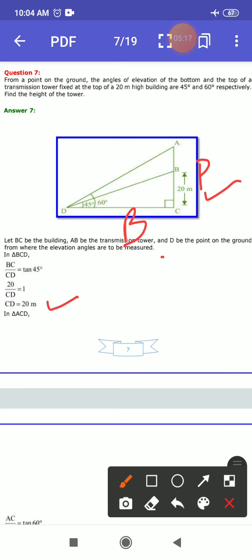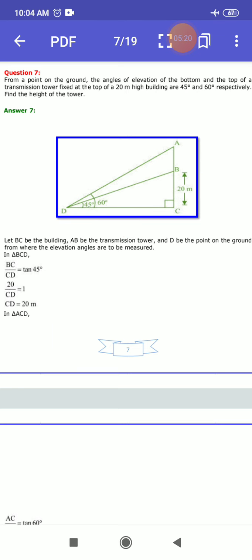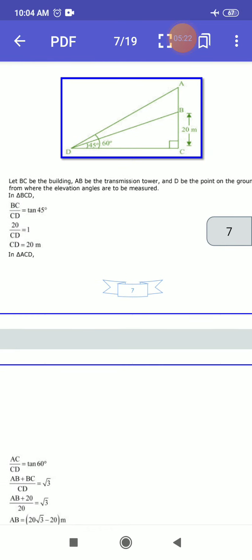Now you have to do the same process for the next triangle, which is ACD.